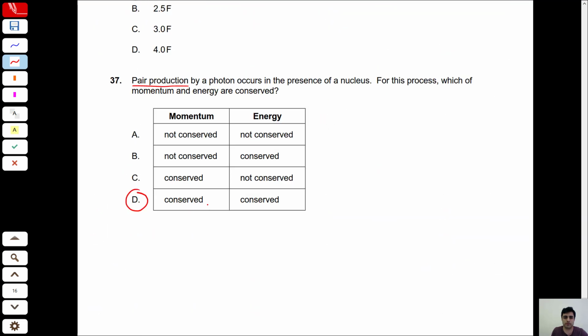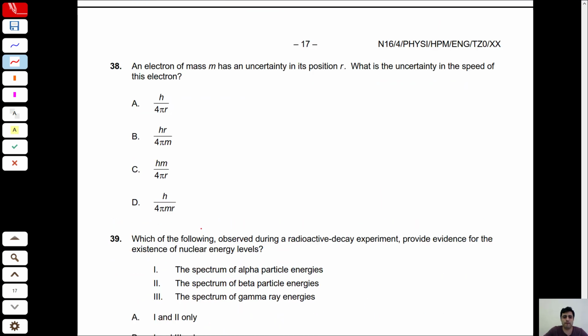Okay, 30. An electron of mass m has an uncertainty in its position r. So uncertainty in position r is equivalent to delta x. What is the uncertainty in the speed of this electron? So we need to find delta v. Alright, so here now we will use this equation.